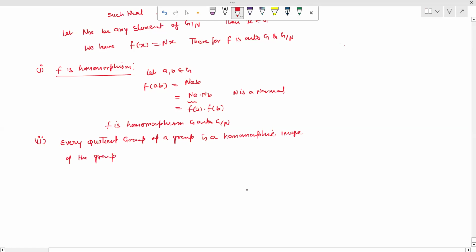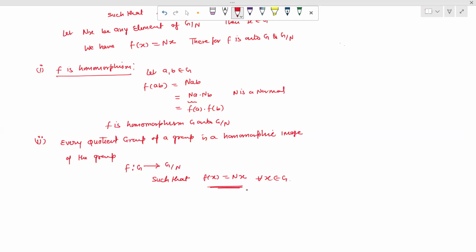So that means when we define the mapping from G to G over N such that f(x) = Nx for every x belongs to G, f is onto.